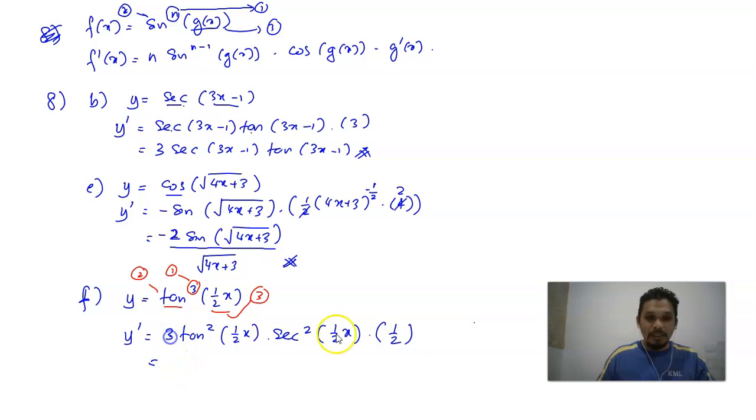Now 3 times half is 3 over 2, multiplied with tangent squared of 1 over 2x and secant squared of 1 over 2x.